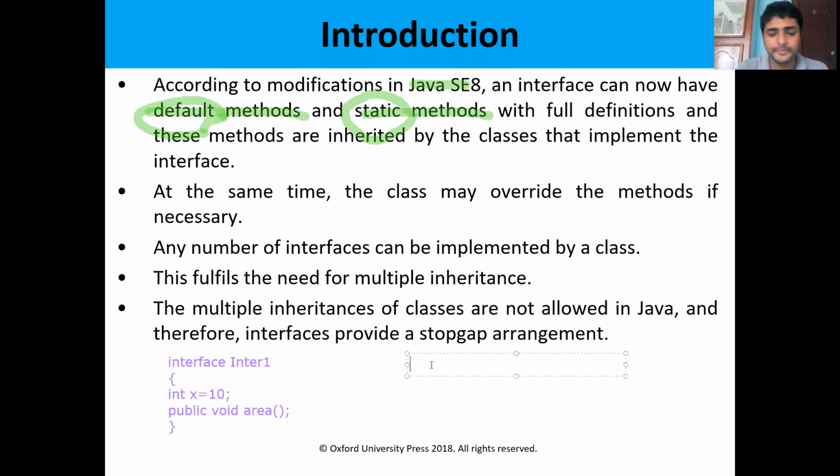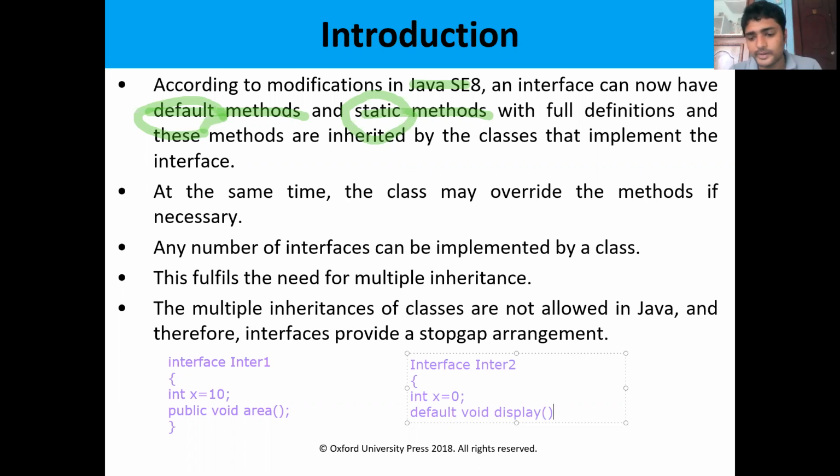Suppose I am defining the interface inter2. This consists of some constant values and some default methods as well as static methods. Default and static are the keywords. That means default void display.